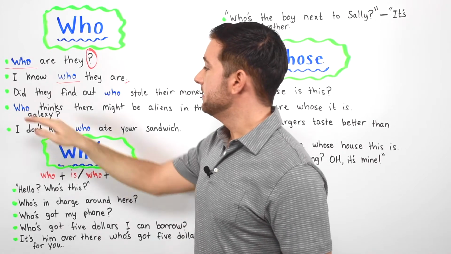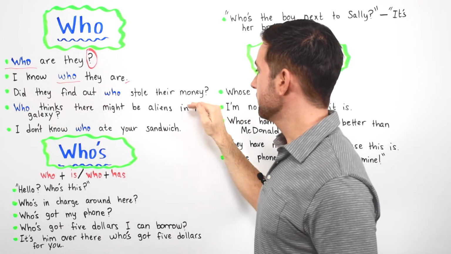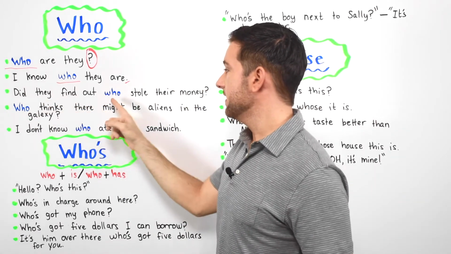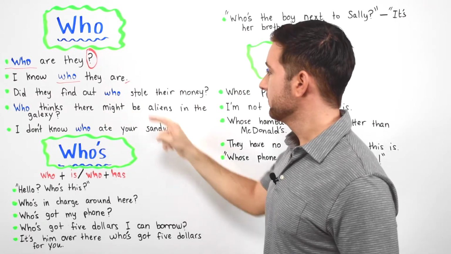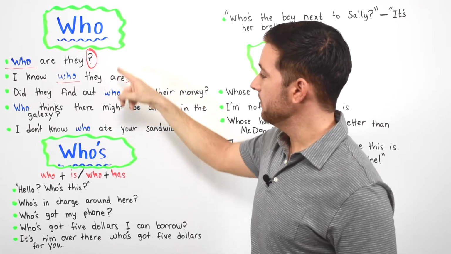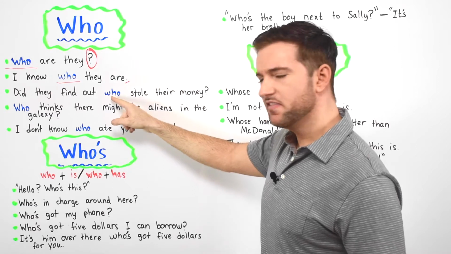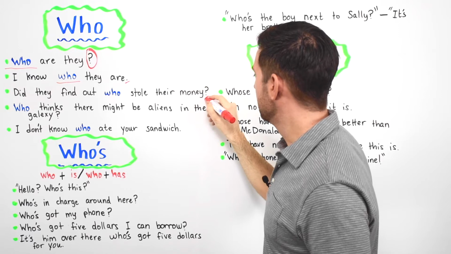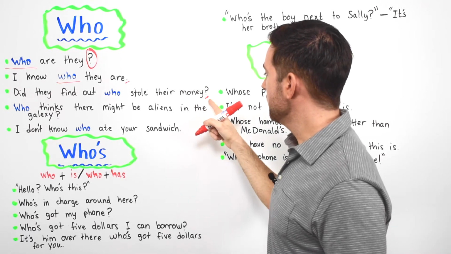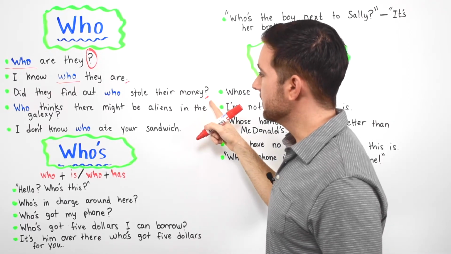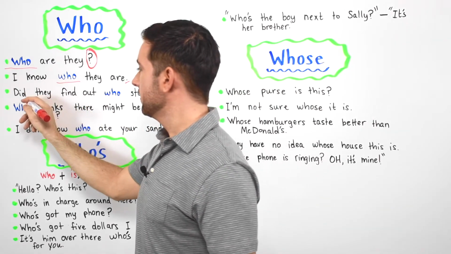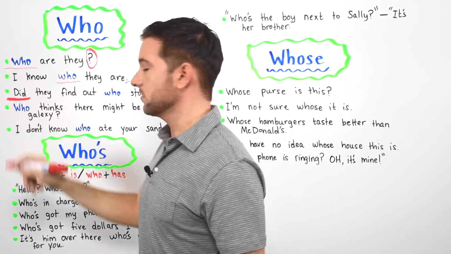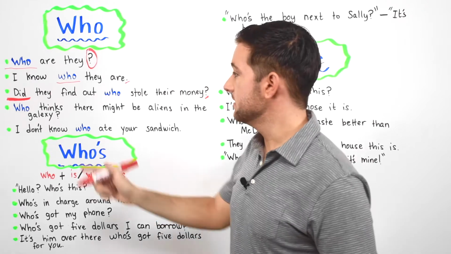Next we have, did they find out who stole their money? Notice again, we have who in the middle, okay? If who is in the middle here, then why do we have a question mark right here? The reason why we have a question mark here is because we have a word in the beginning that makes a question, all right? The word in this case is did.